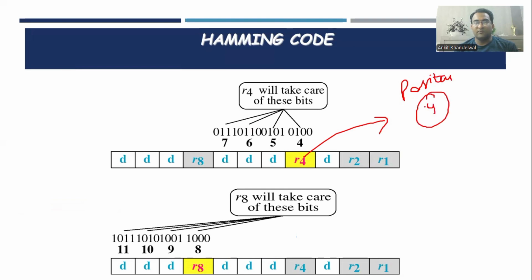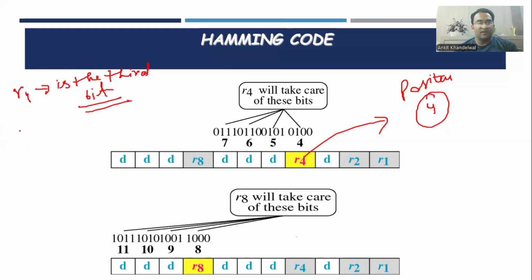So what we are seeing? We are seeing those binary values which are having 1 at the third bit. Okay, because this is the third bit. So R4 is the third bit.